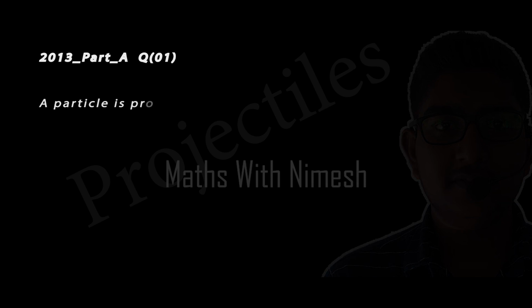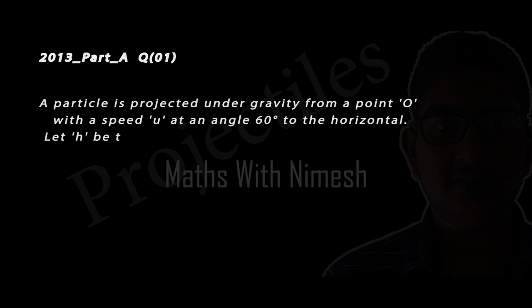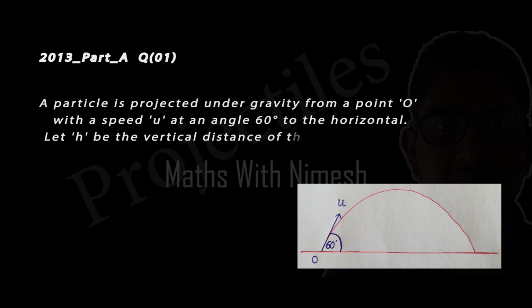A particle is projected under gravity from a point O with a speed u at an angle 60 degrees to the horizontal. Let h be the vertical distance of the particle above the level of O when it has travelled a distance k horizontally.